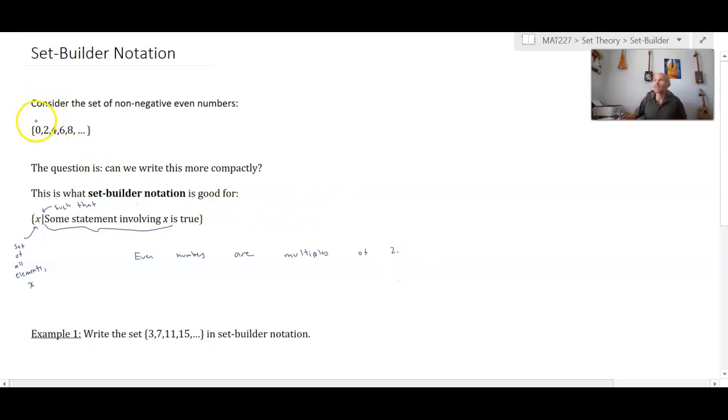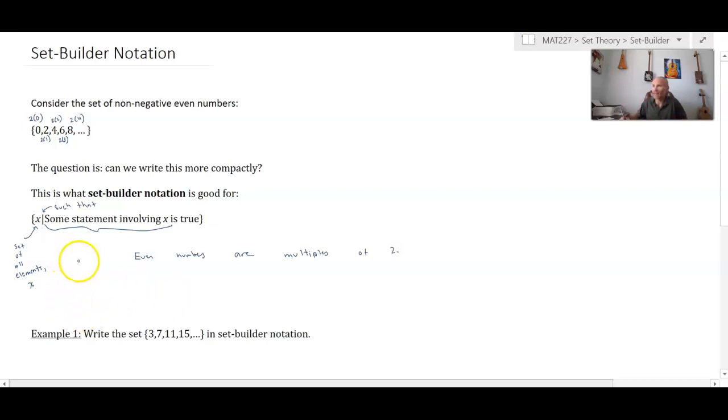So if I look at the elements of this set, the reason 0 is even is because 0 is 2 times 0. 2 is 2 times 1. 4 is 2 times 2. 6 is 2 times 3. And 8 is 2 times 4. So the commonality among all even numbers is that they're divisible by 2, that you can factor out a 2.